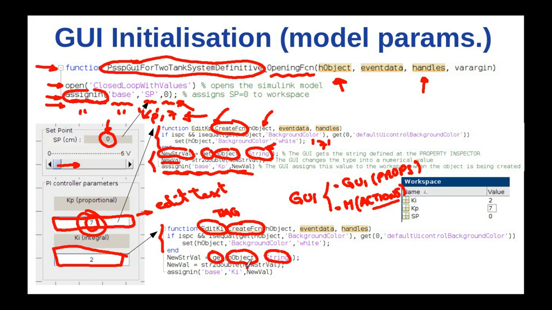From here we will get a 2, but in quotes, because it's a character, not a number, and then I change this string to double in order to get the numerical value. Then I assign this value in the workspace base to a variable called ki.